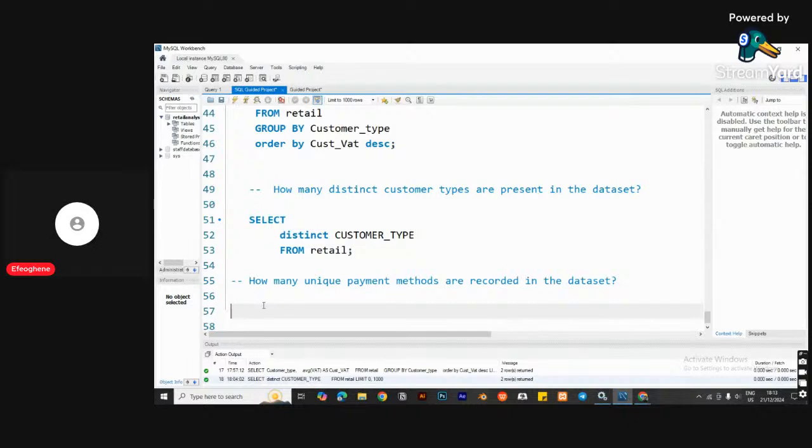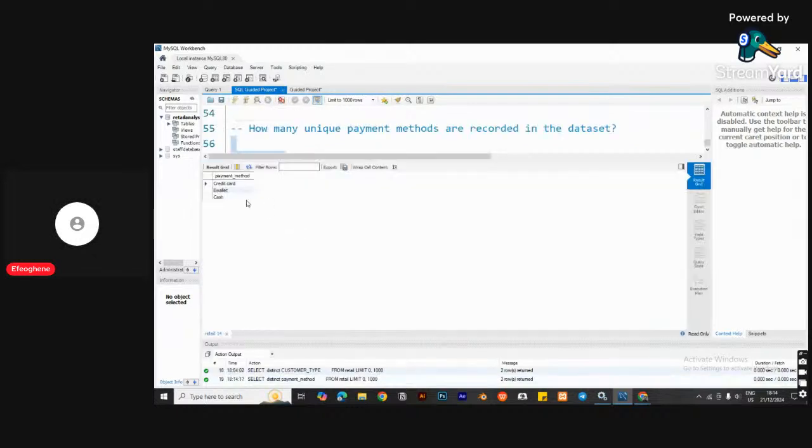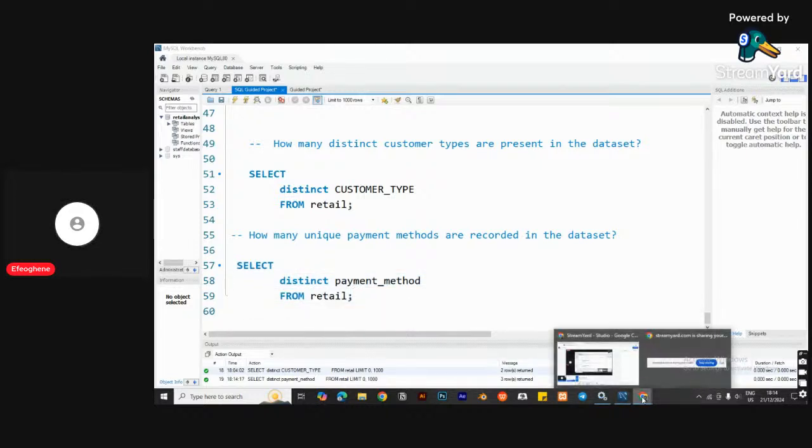We change this to DISTINCT payment method, and we run this. So we have three unique payment methods: credit card, e-wallet, and cash. Remember, last class we talked extensively on this and explained their importance in the business, and how it relates to sales. So let's check out the next question.